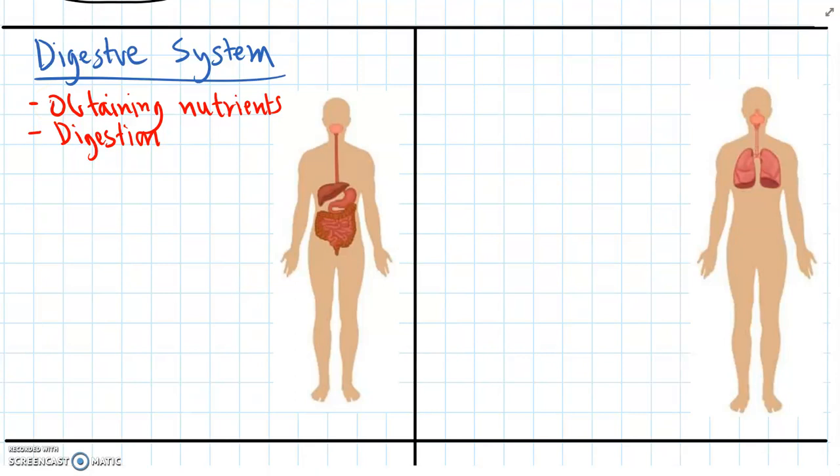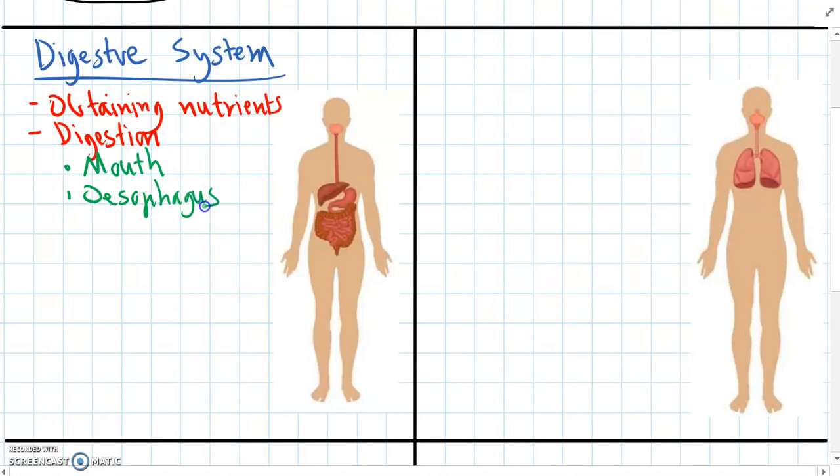And then looking at some of the features, the structure of the digestive system, we have the mouth at the top. Once we eat food, it goes down our esophagus, which is the long tube that leads down to the stomach. And this is where a lot of the food gets broken down by stomach acids and different chemicals.